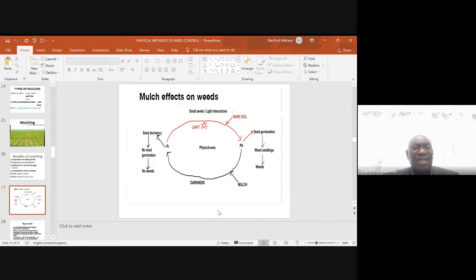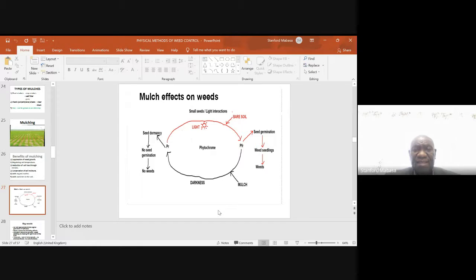Now, phytochrome red will then cause seed dormancy. This means that the seeds are not going to germinate, and therefore there won't be some weeds.